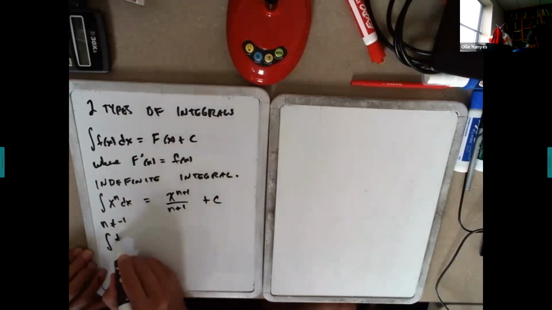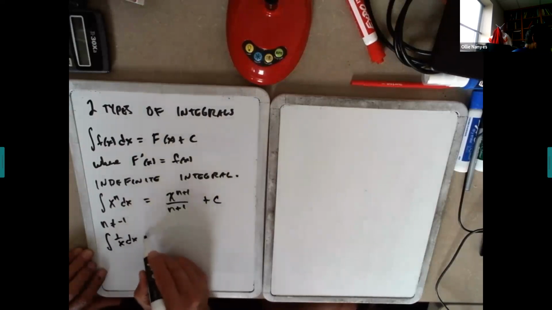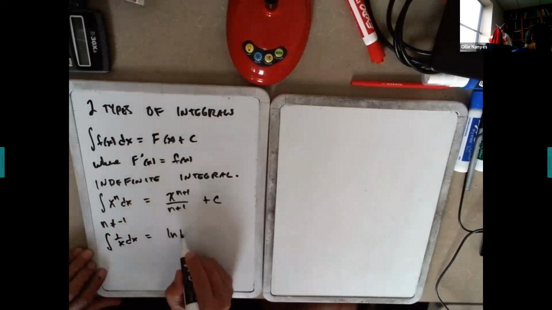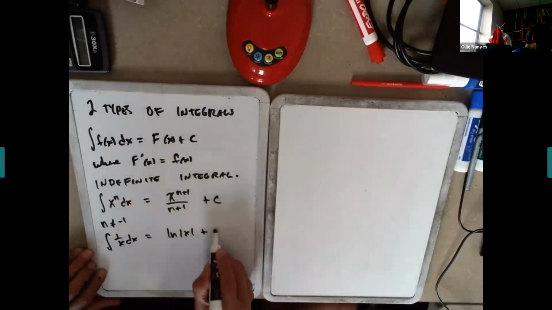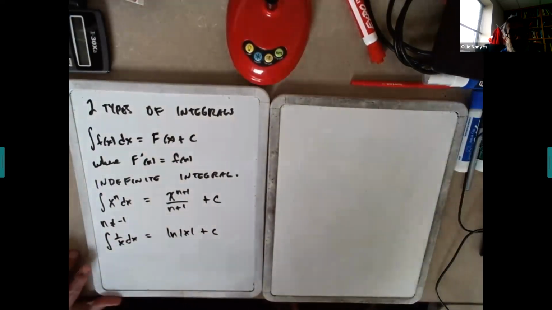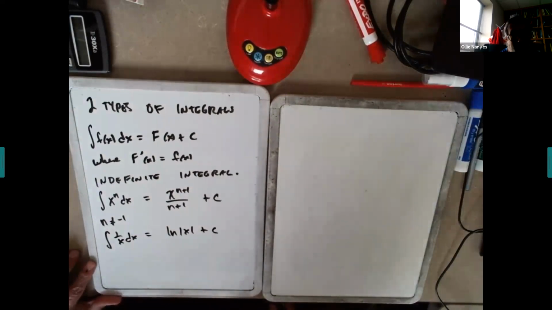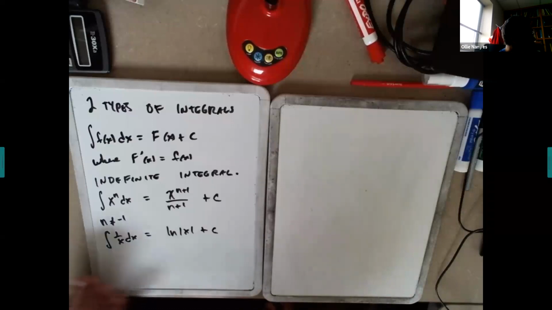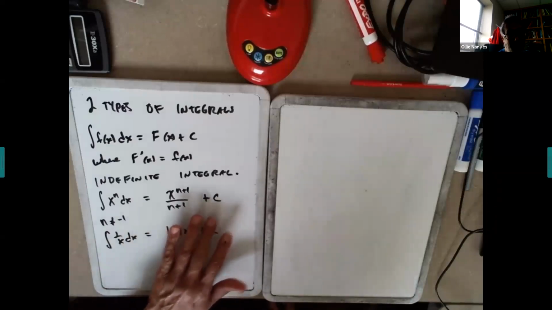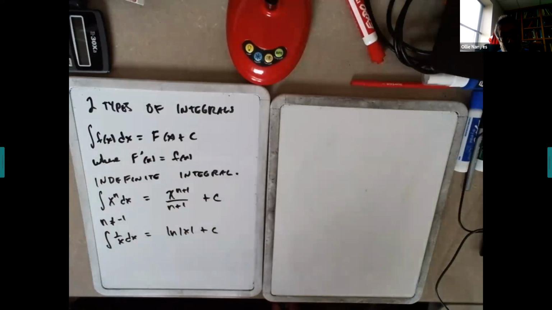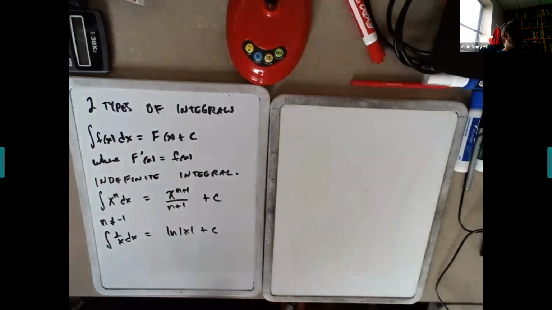And the integral of 1 over x dx is going to be the log of the absolute value of x plus c. Those are two very basic integral formulas that we'll be using throughout our course. And remember, the derivative of the right-hand side is going to be the function you're integrating, sometimes called the integrand.